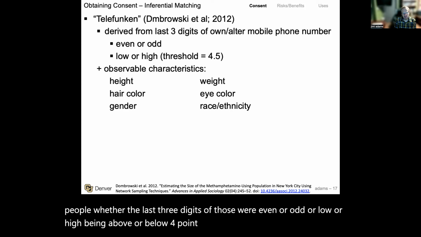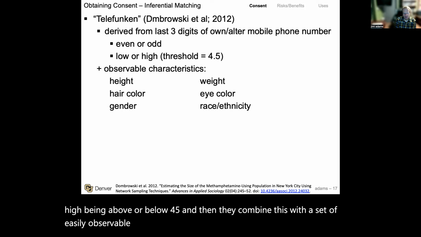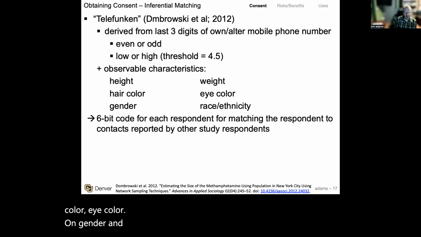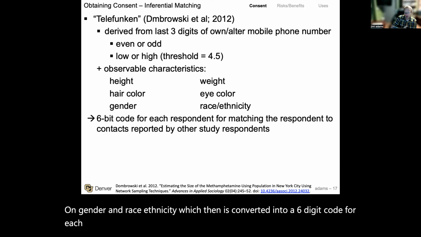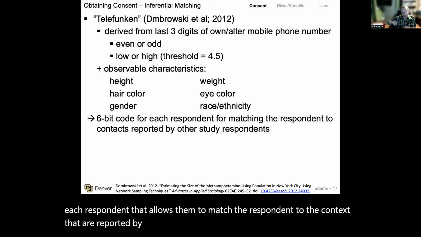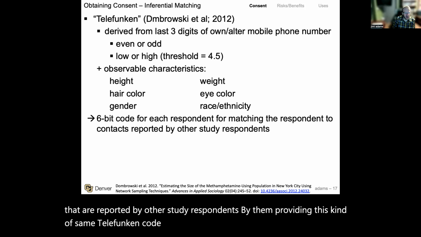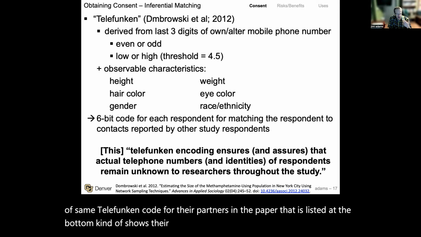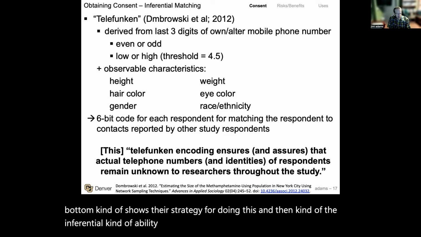And then they combined this with a set of easily observable characteristics approximating height, weight, hair color, eye color, gender, and race ethnicity, which then is converted into a 6-bit code for each respondent that allows them to match the respondent to the contacts that are reported by other study respondents by them providing this same Telefunken code for their partners. And the paper that is listed at the bottom shows their strategy for doing this, and then the inferential ability to match across nominations.